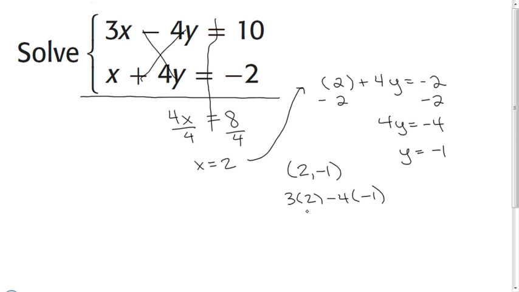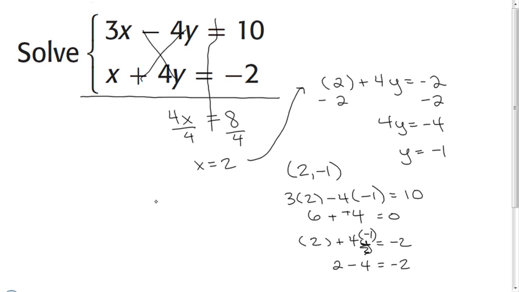So I'm plugging back into the first equation and I'm supposed to get 10. 6 minus negative 4 is 10. When I plug into the second equation, I want to see that I'm going to end up with negative 2. And so when I plug in the 2 here and the negative 1 there, I get 2 minus 4 equals negative 2. So it made both of them work.